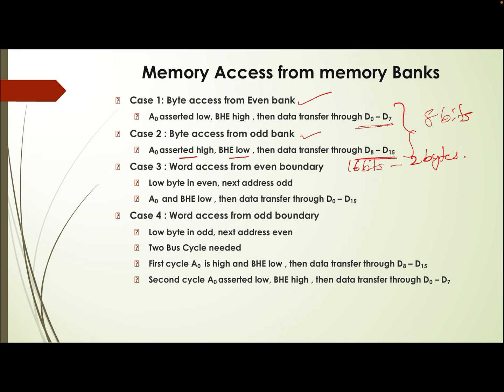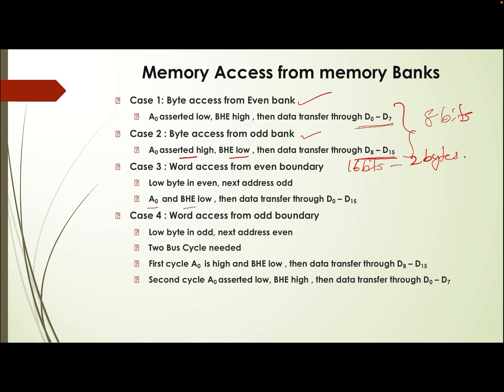If you want to read 16 bits of data, that is one word, then the low byte is in the even bank and the consecutive high byte is in the odd bank. So we have to read 1 byte from the even bank and another byte from the odd bank.